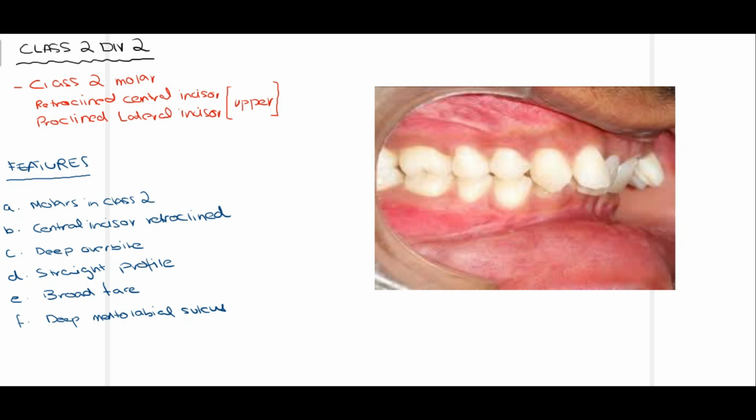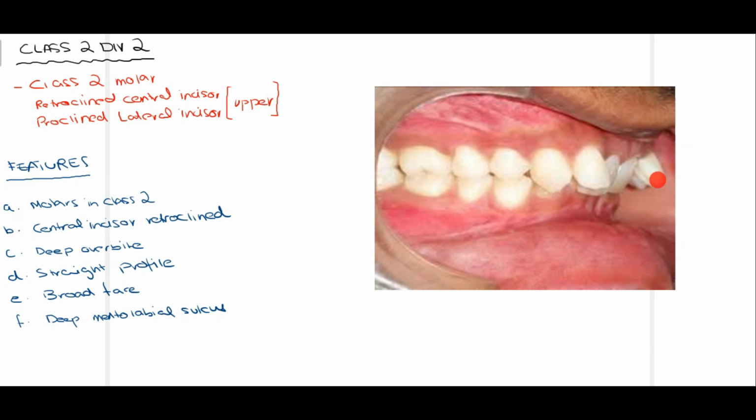Some other features you can also appreciate. For example, there is class 2 molar relation, as you can see here. This is the distobuccal cusp near the buccal groove. Central incisors can be proclined here or they can be retroclined as well. The lateral incisor can be proclined or retroclined, but in most cases the lateral incisors are proclined and the central incisors are retroclined.